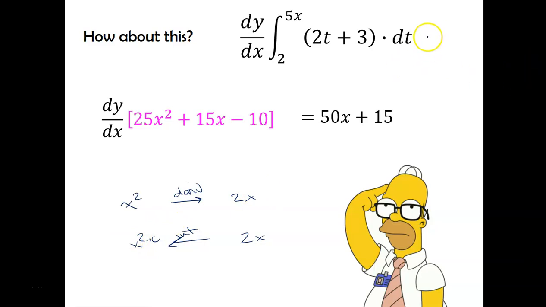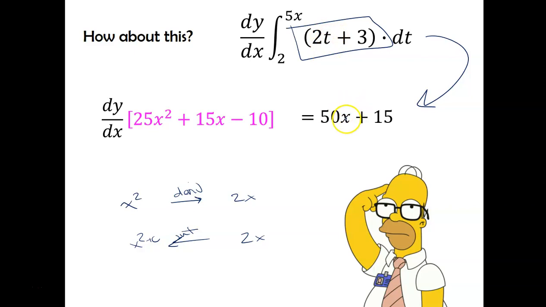I need you to notice that that is not happening here. Okay, I took this function, 2t plus 3, took its integral, and then took its derivative, and I did not land back on my same function.